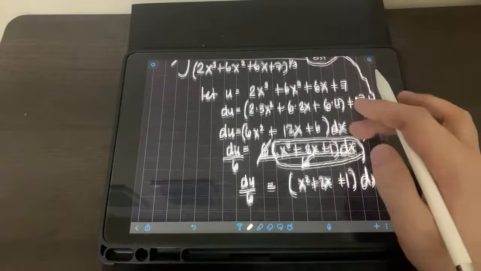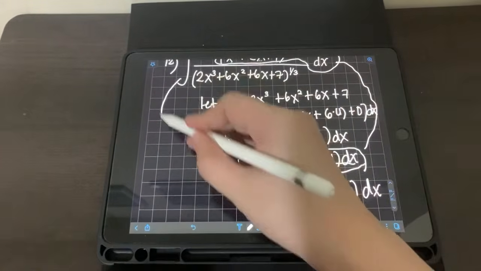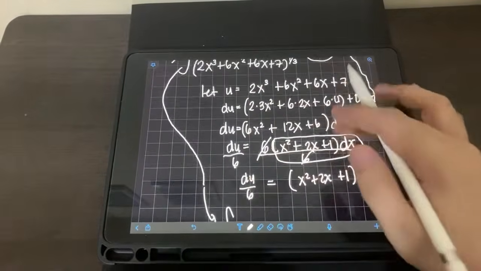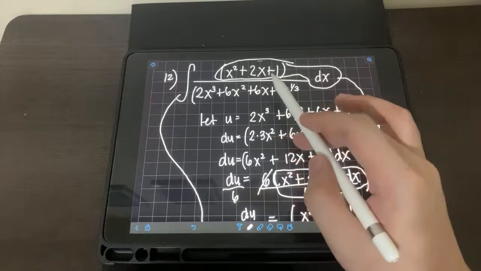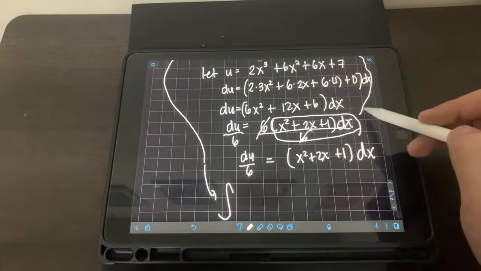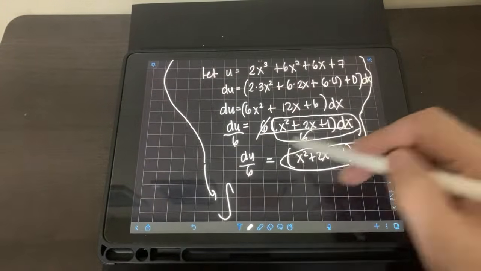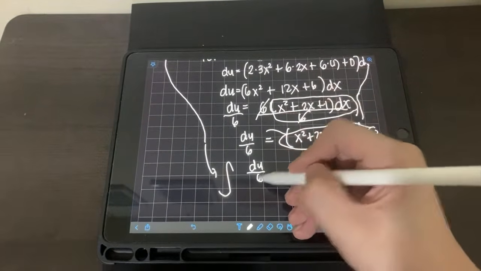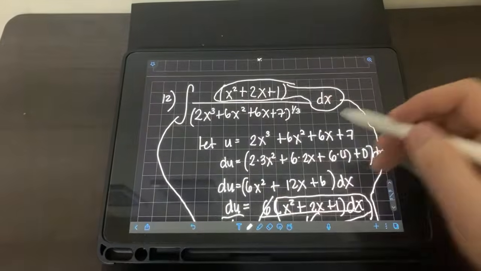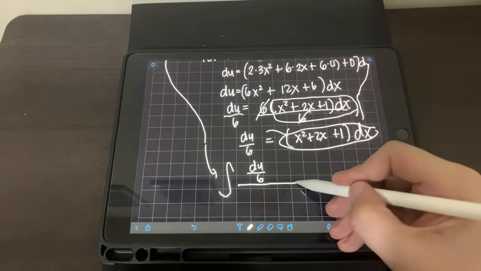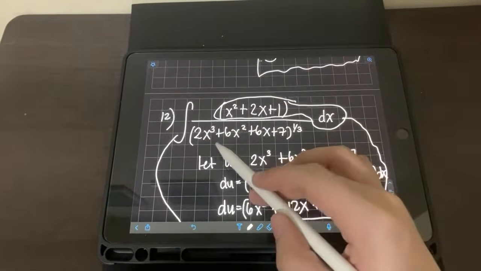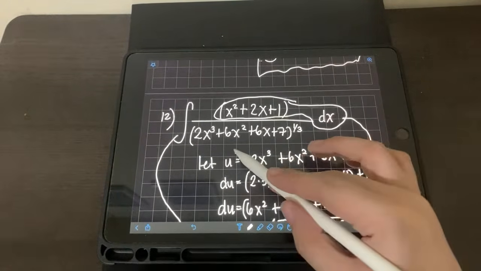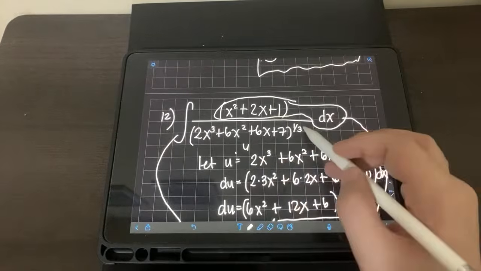Okay, and then, let's substitute. So, we have the integral of, in the numerator, x squared plus 2x plus 1 dx, this is it, which is equivalent to du over 6. Okay? And then, over, what we let as u, this 2x cubed plus 6x squared plus 6x plus 7 as u. So, it becomes just u to the 1/3, right?